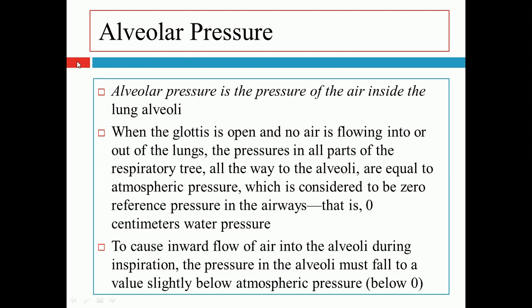If this is 760 millimeter of mercury and this is 760 millimeter of mercury, no air will move from point A to point B. But if the pressure inside the alveoli falls, obviously the air will gush in, or move in. There is room, because there is lesser air now, so more air can move inside the alveoli.